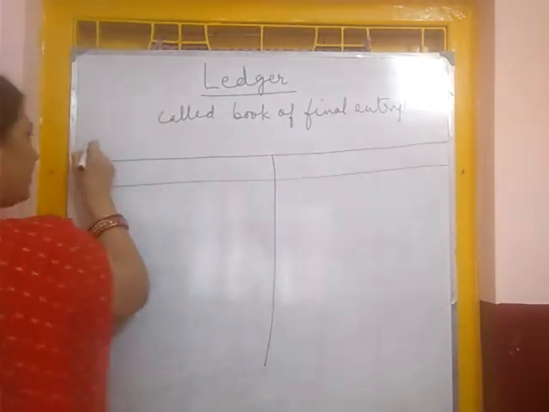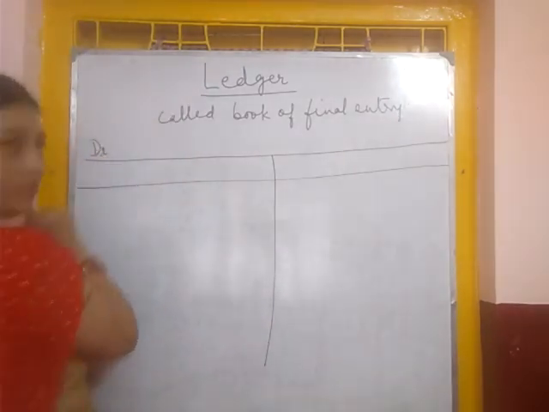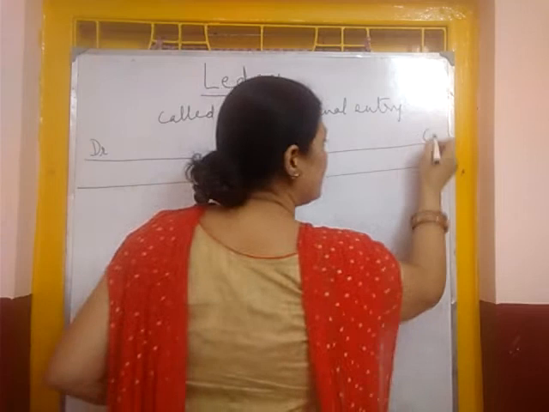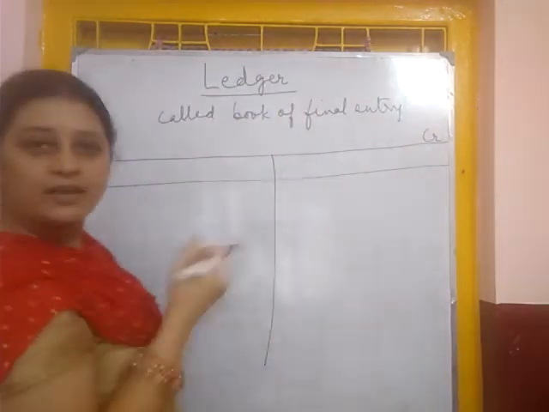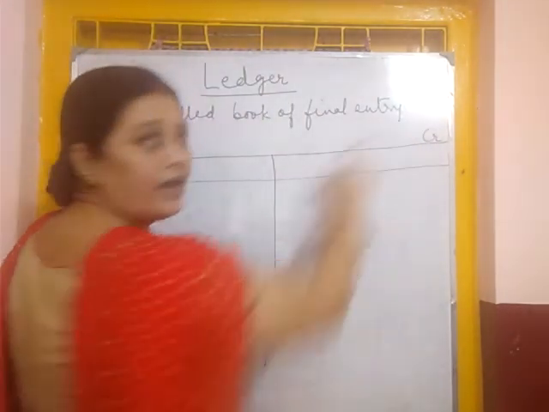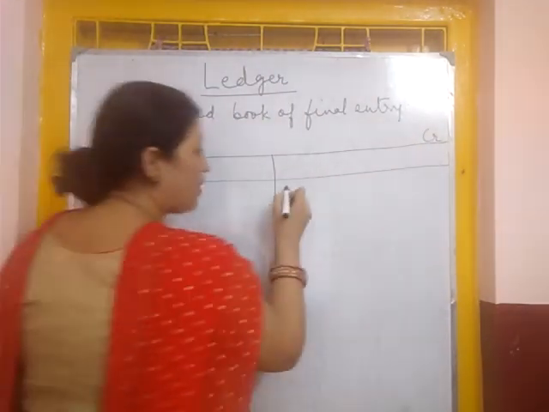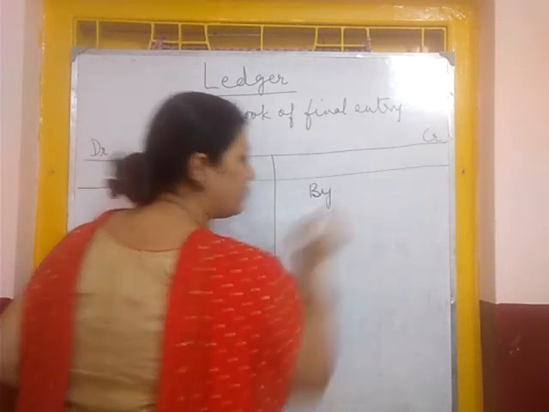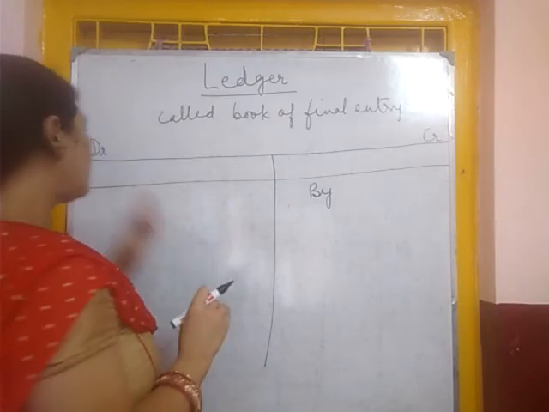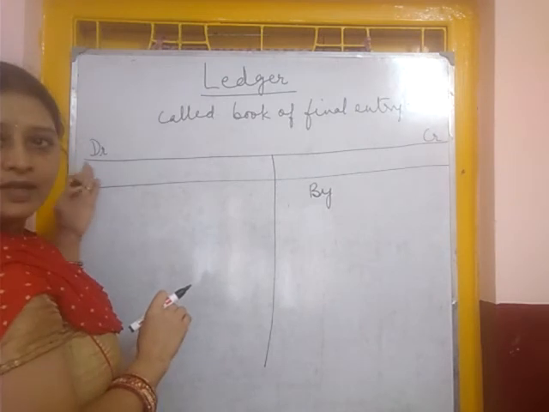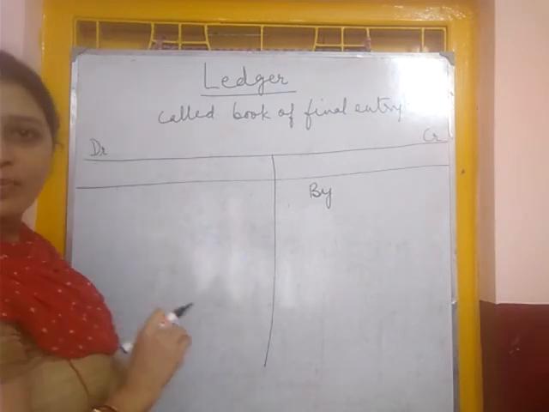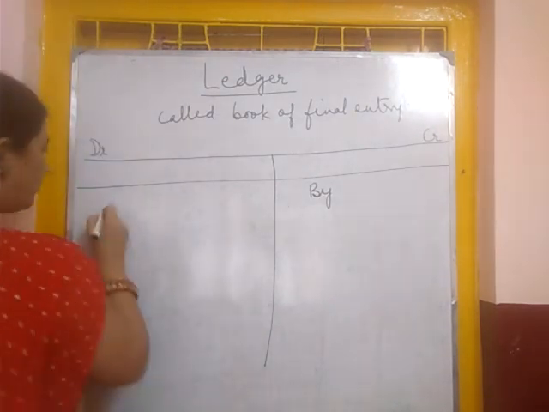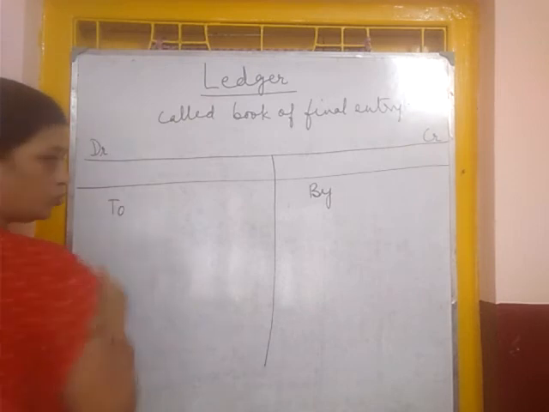So this is debit, DR. DR means debit, whereas CR means credit. Credit side is always denoted by "By". We have to write "By". Whereas the debit side is always denoted by "To".